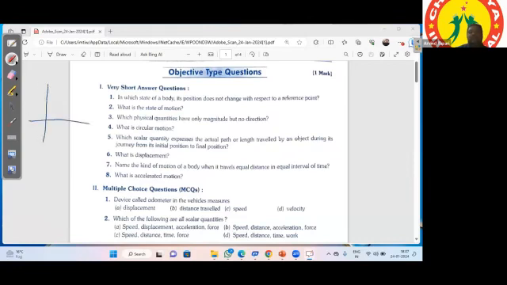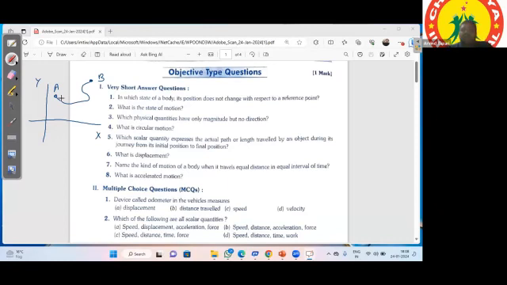Suppose there is an xy plane, and an object is moving in this xy plane. It started from A, and from A it moves to B. So how will you obtain its displacement now? Now it is in two dimensions.